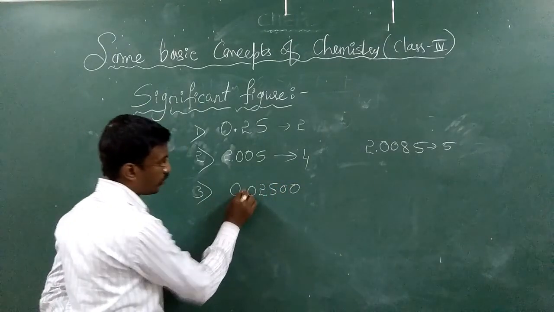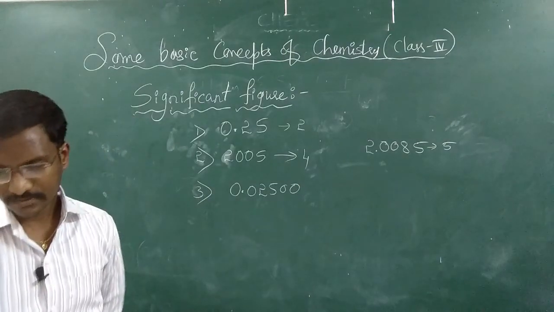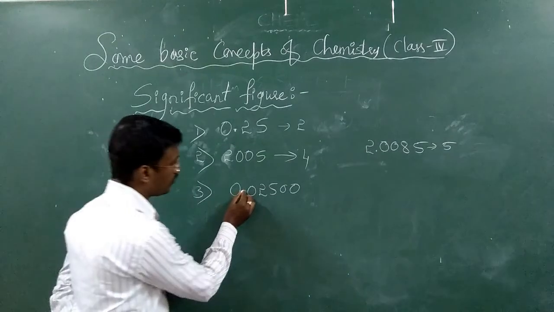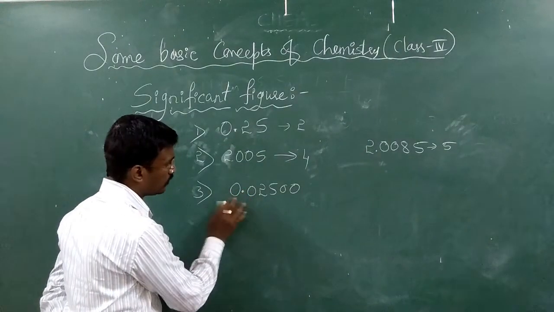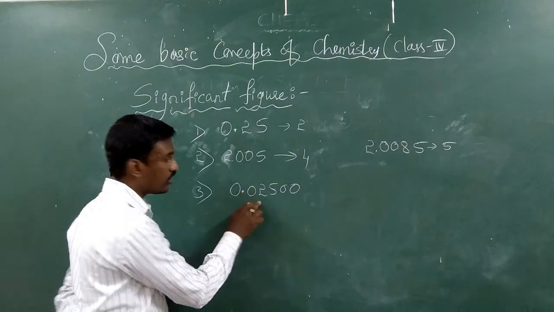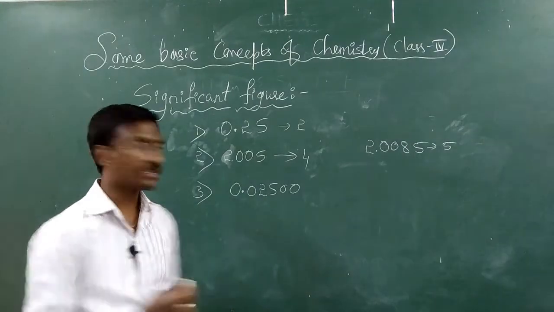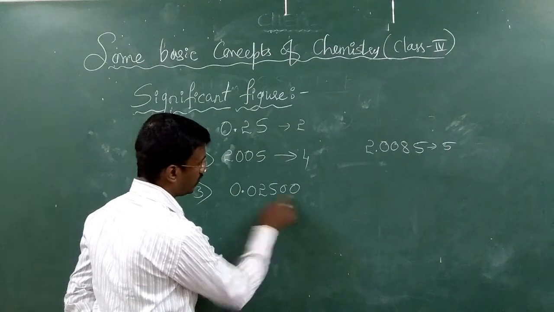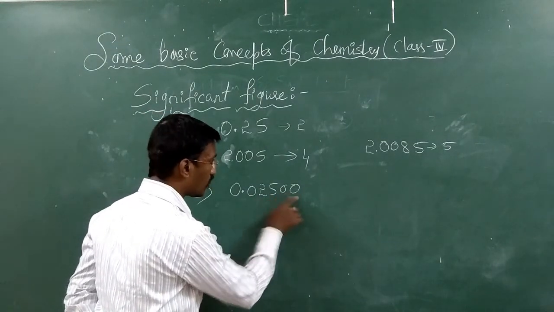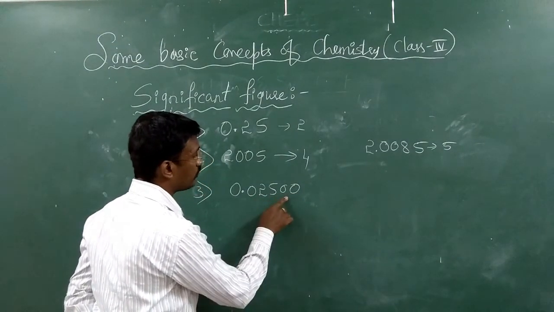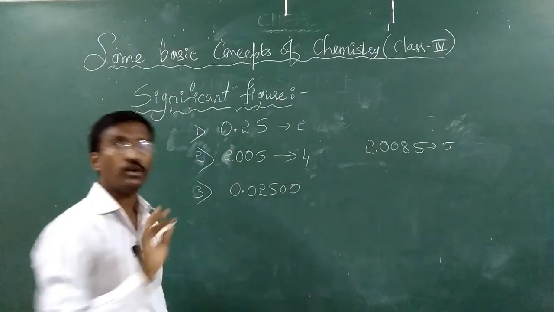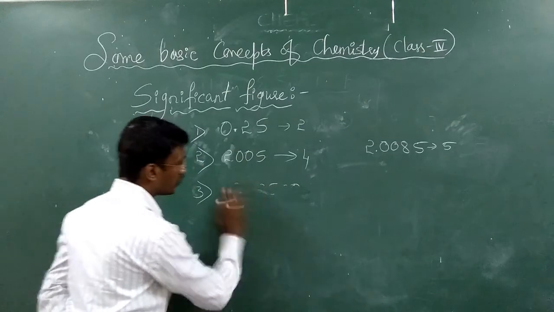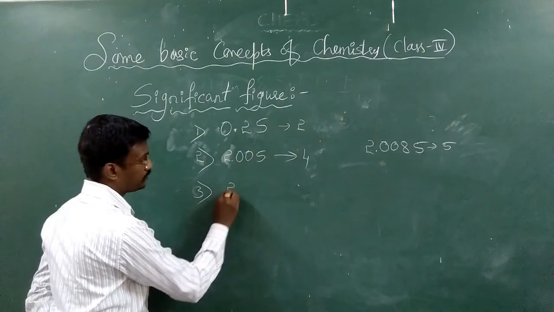After the decimal point, how many digits are there? The zero before is not considered, but if zeros come after the decimal point, we have to consider them. Here the digits are 1, 2, 3, 4. We are not supposed to neglect the zeros after the 2 and 5. They do not add value, but while counting significant figures we have to consider them.